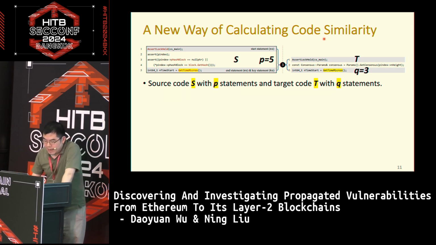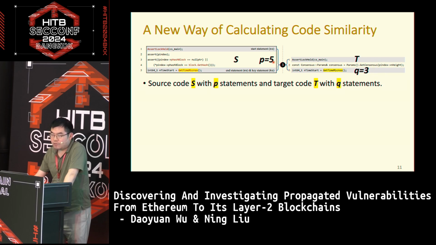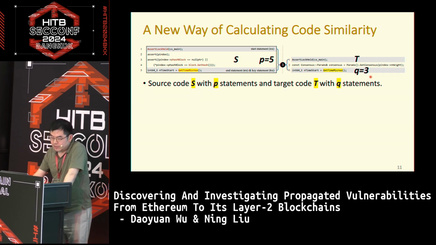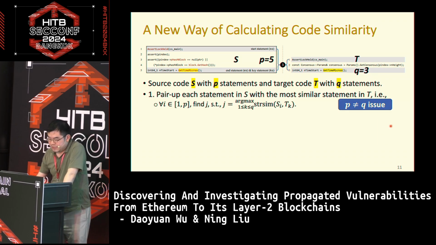Here we have a special challenge: the source code may have a different number of statements compared to the target code, such as this is 5 lines, this is 3 lines. So we need to better handle the P not equal to Q issues.